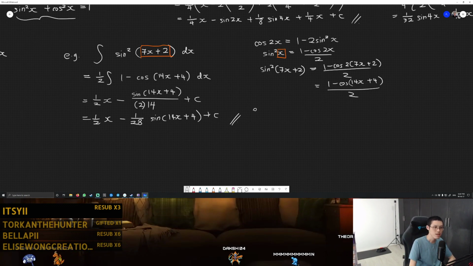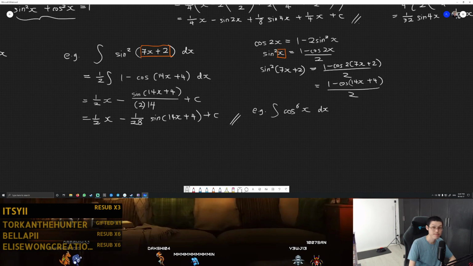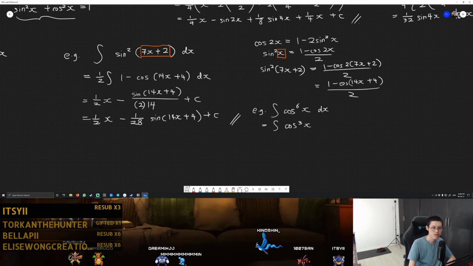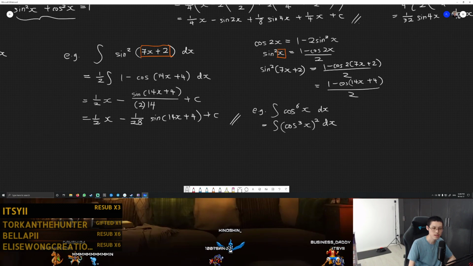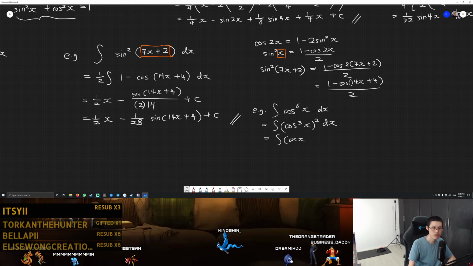So, what if we have to integrate cos to the power 6 of x dx? Okay, you have to do cos cubed x, squared, like this. And then you're going to have to split this into cos x and then cos squared x.